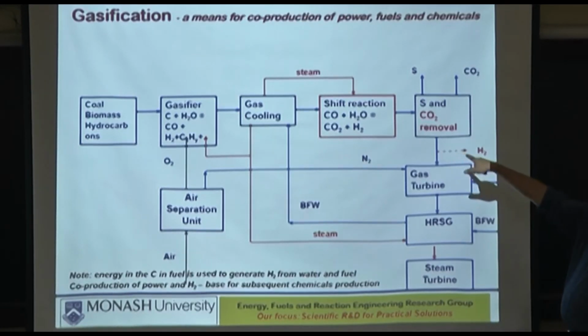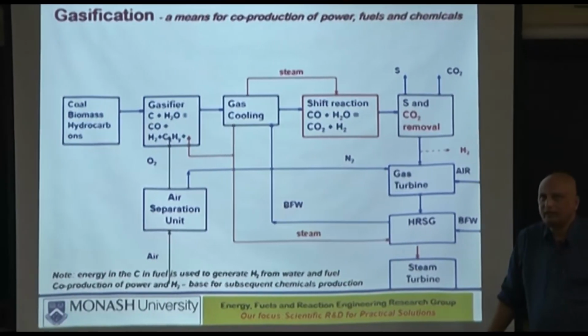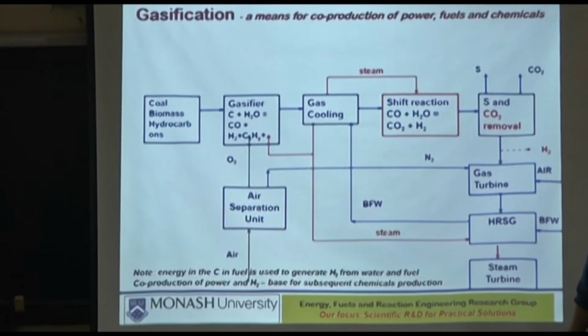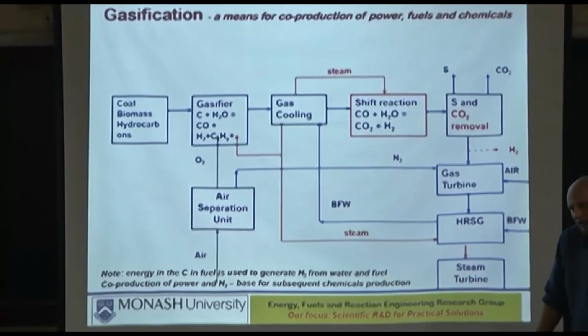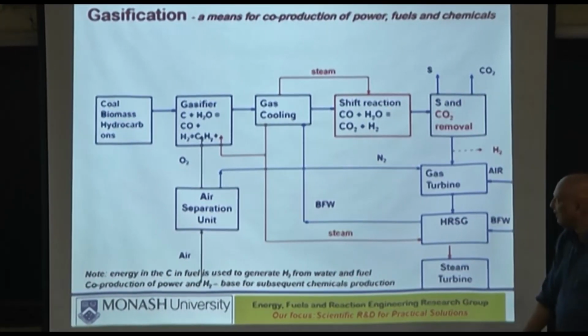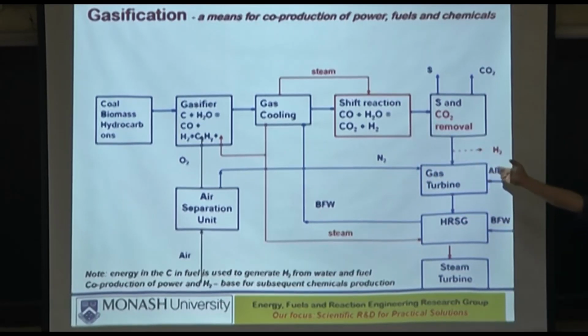Where? In the shift reactor? Yeah, so around 300 or so. No, you can put steam at any temperature you like. If you put it at a high temperature, say 450, 500 degrees, the conversion in the shift reaction will not be 100%.